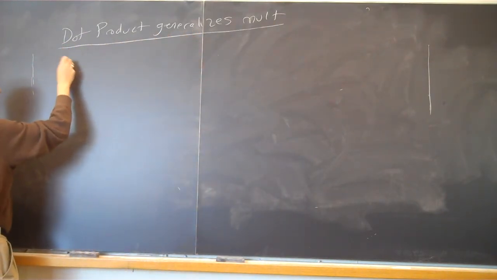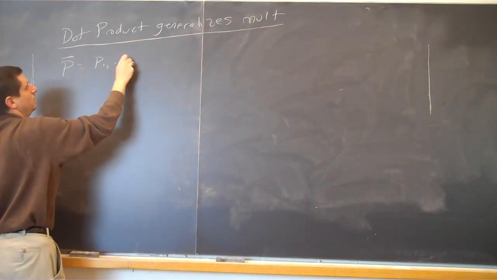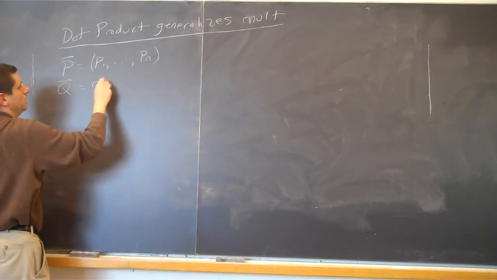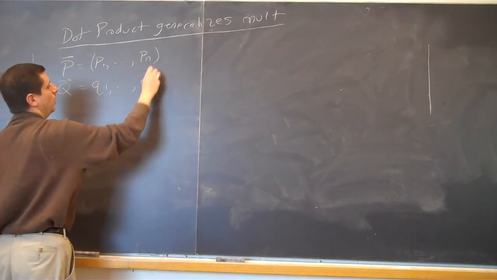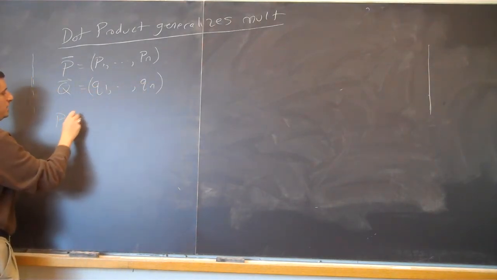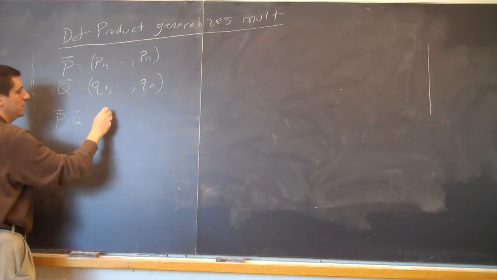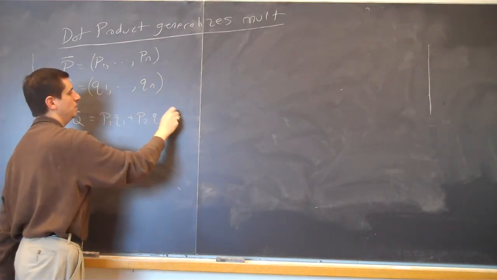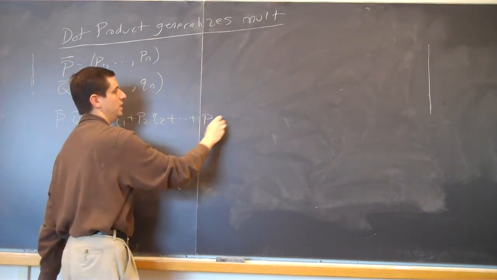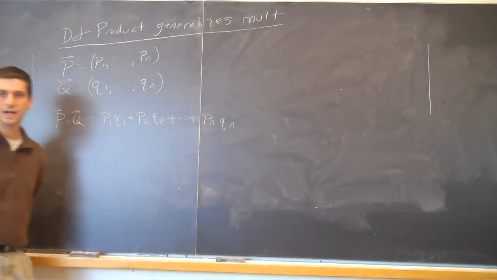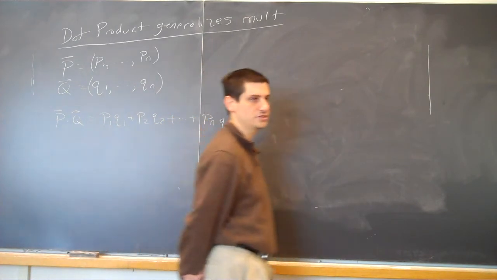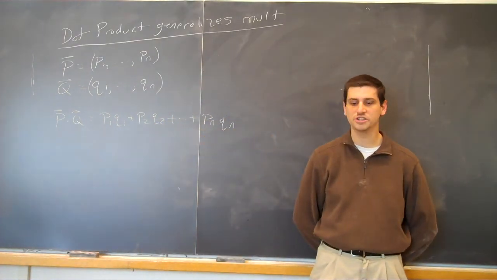And so if I have P is P1 through Pn, and Q is Q1 through Qn, I'm going to define P dot Q to be P1 Q1 plus P2 Q2 plus dot dot dot plus Pn Qn. Again, I can define anything I want. Sometimes they're good things to do, sometimes they're bad things to do. Does this look like a generalization of multiplication?